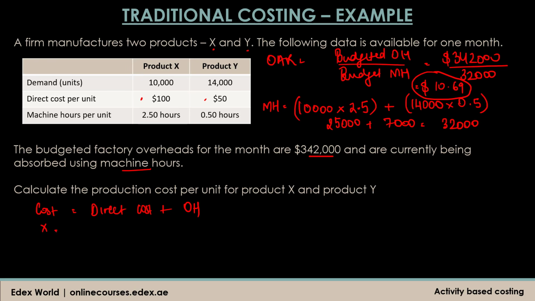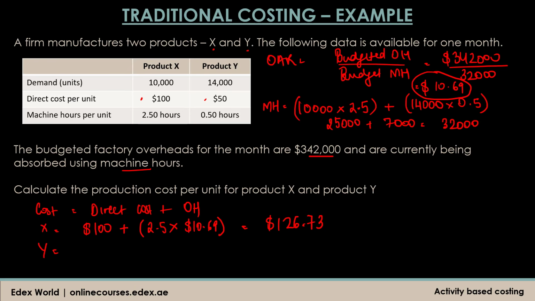So for product X, the direct cost is $100. That's given directly here in the second row of the table. And to calculate the overheads, product X will need 2.5 machine hours to get produced. So 2.5, and for every machine hour it takes, the cost incurred for the organization is $10.69, which is the overhead absorption rate. So the total cost of production for product X would work out to 126.73.